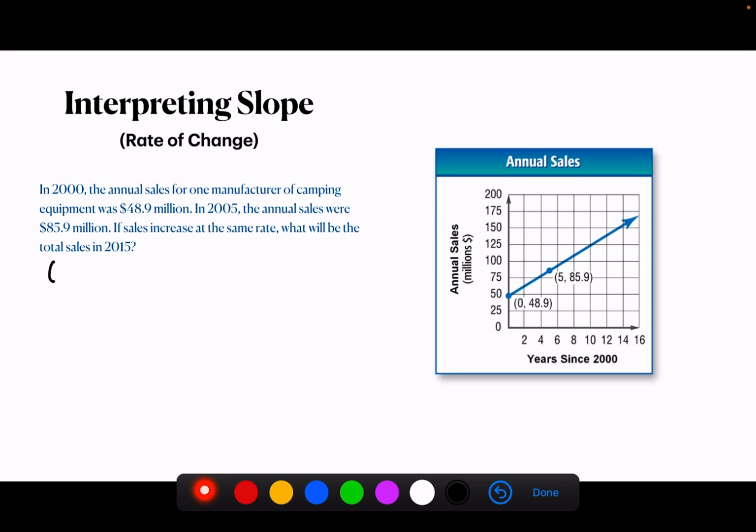So let's say x1, y1 is equal to 0 and 48.9. And we'll say x2, y2 is equal to 5 and 85.9.